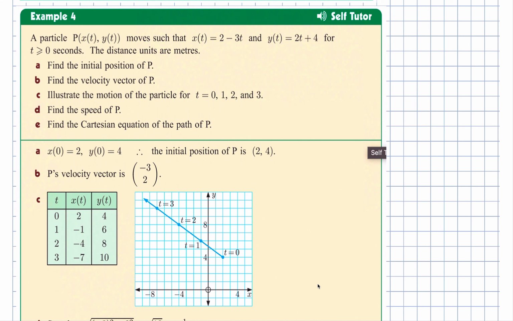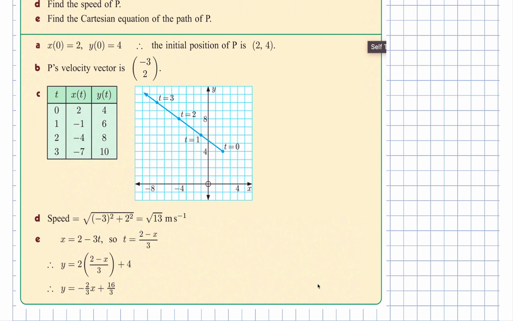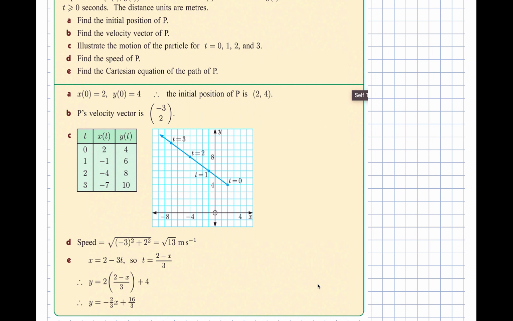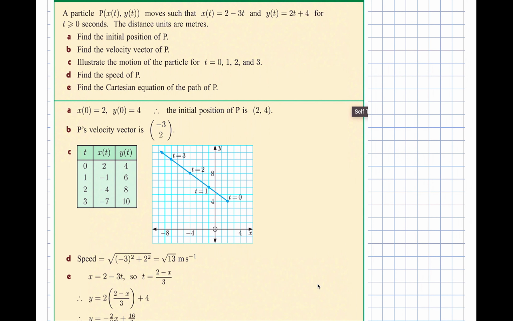So the initial position, if we look at, a little bit smaller so we can just see it all, the initial position is just when t equals 0. So we're just going to plug 0 into here and 0 into here, pretty straightforward. So the initial position is at (2, 4).